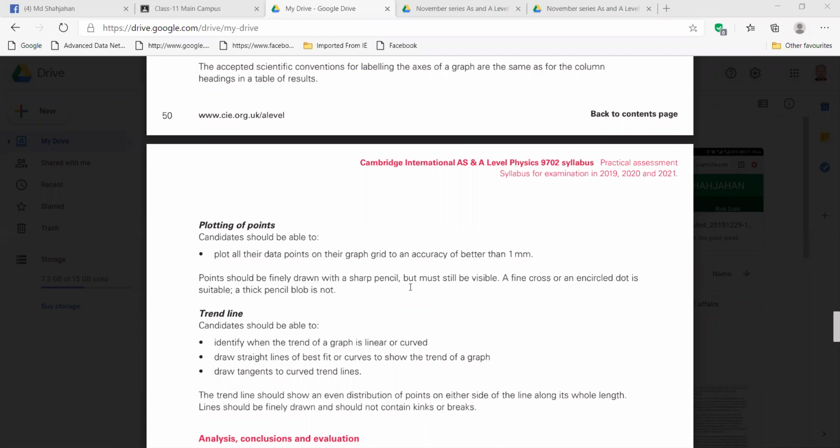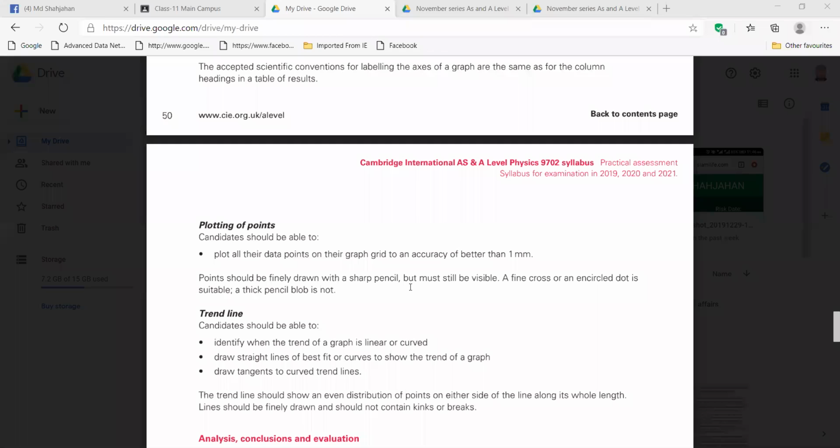Candidates should be able to plot all their data points on their graph grid to an accuracy of better than 1 millimeter. So this is very crucial, right? You have to plot all the points very accurately.